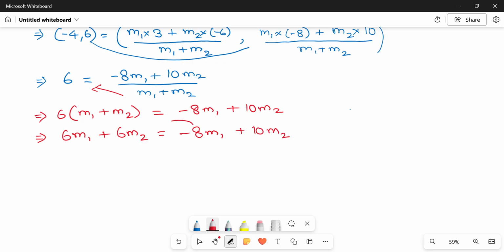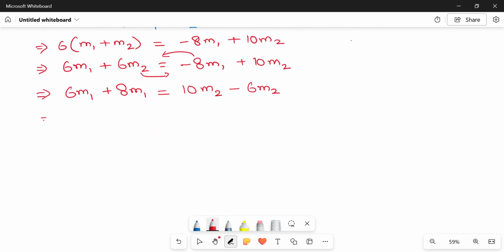And m1, try to bring it to the left hand side, so it becomes 6 m1 and minus 8 becomes plus 8 m1. In the same way 6 m2 you take to the right hand side, so 10 m2 minus 6 m2. So that implies 6 m1 plus 8 m1 is 14 m1 is equal to 10 m2 minus 6 m2, which is 4 m2.